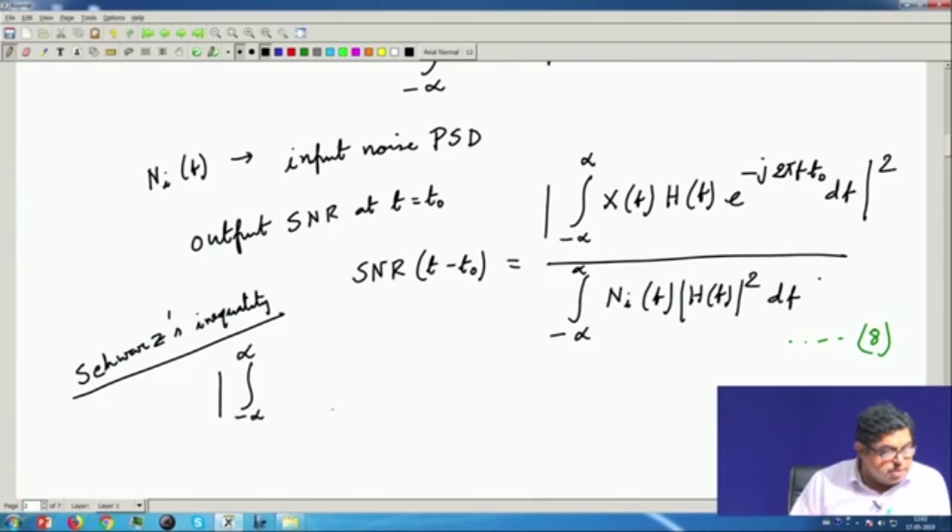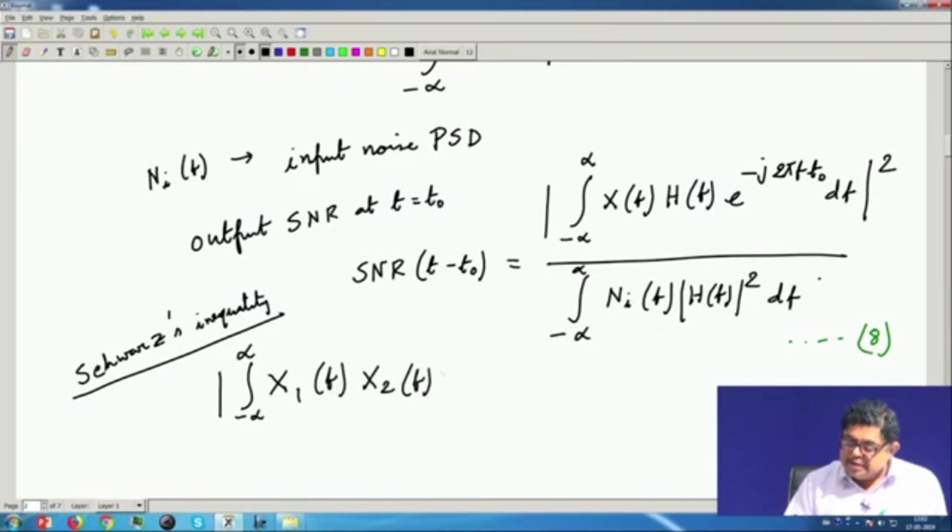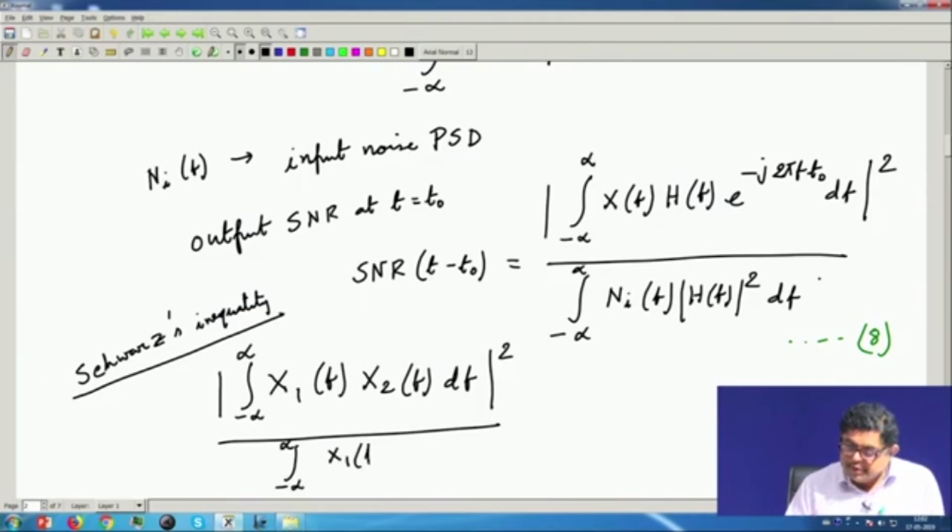if you have two complex functions, x1(f) and x2(f), then the integral from minus infinity to infinity of their product, squared, divided by another infinite integral, the integral of |x2(f)|² df, always has an upper bound.